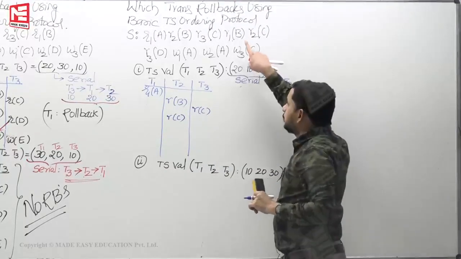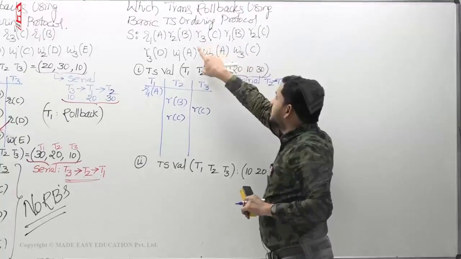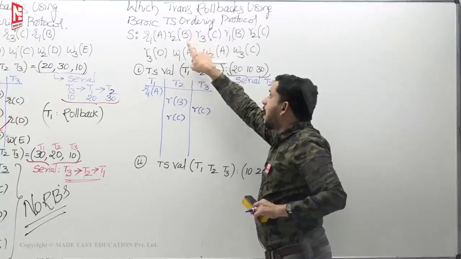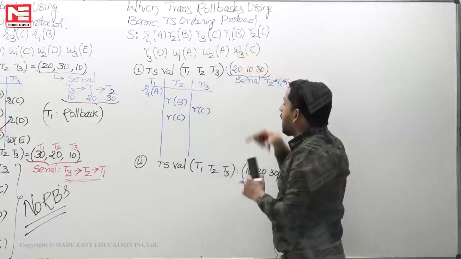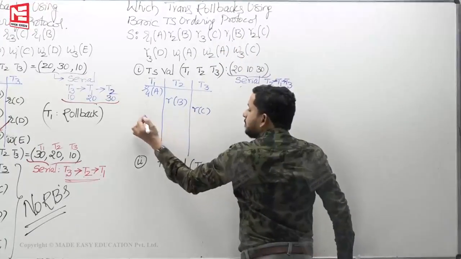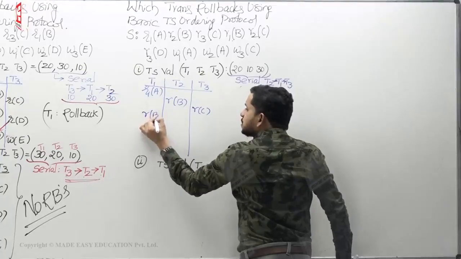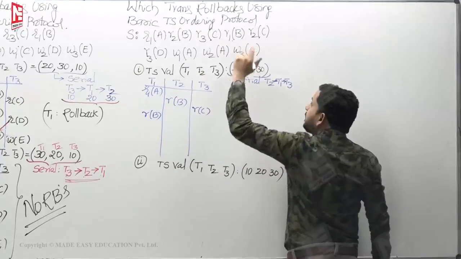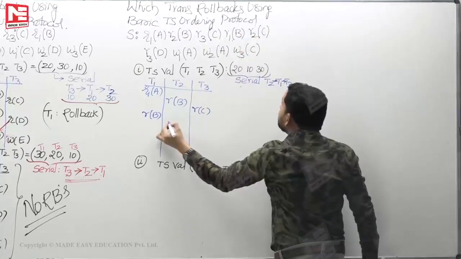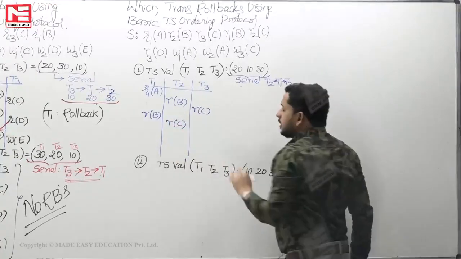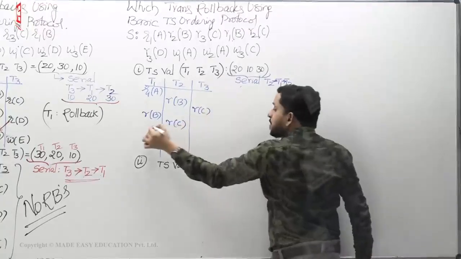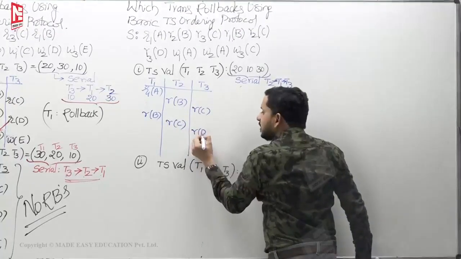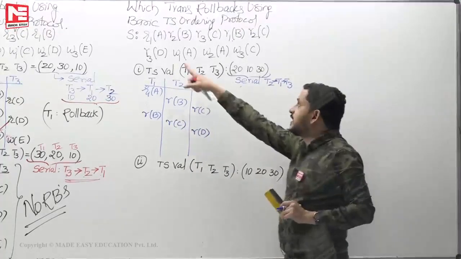Then R1B is also there. So R1A, R2B and R3C are done. Then the fourth operation is R1B, also not conflicting with any previous. Then the fifth operation, read C, does not conflict with anyone. Then the sixth operation, read D, also does not conflict.